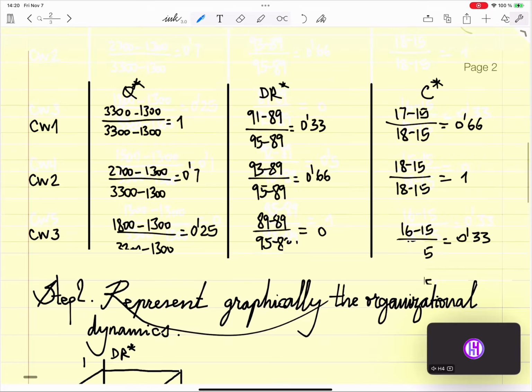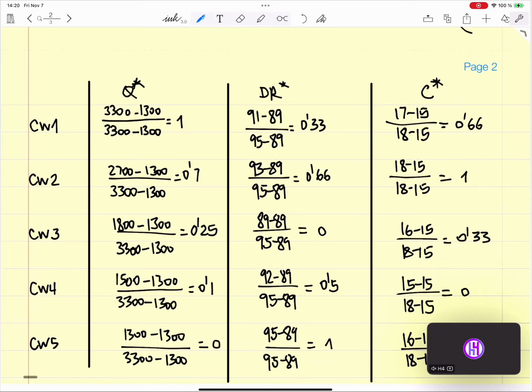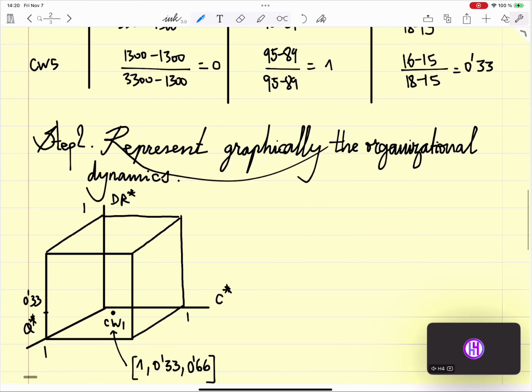And calendar week 2 is 0.7, 0.66, 1. So it's 0.7 somewhere here, 0.66 somewhere here, and then going all the way to here. So this would be calendar week 2.